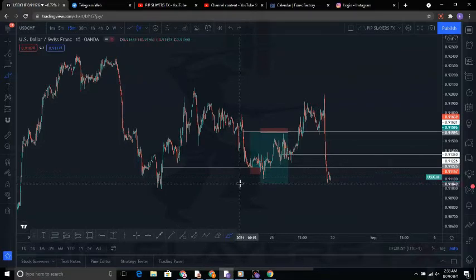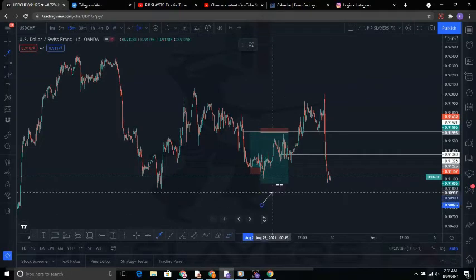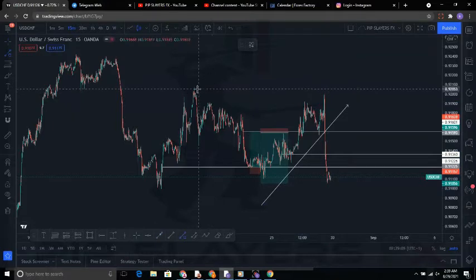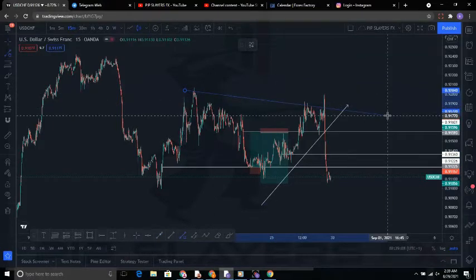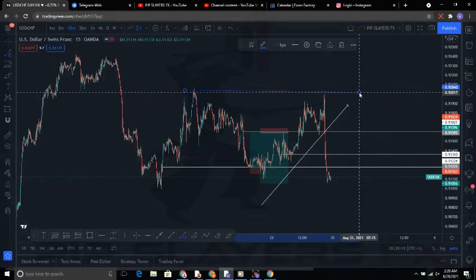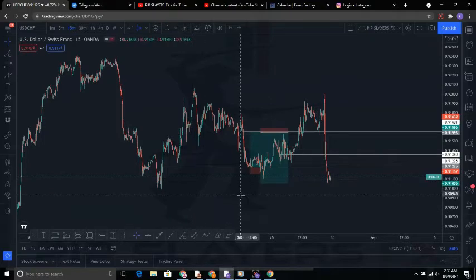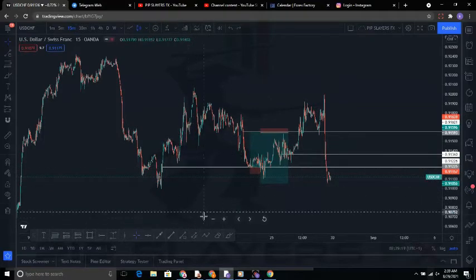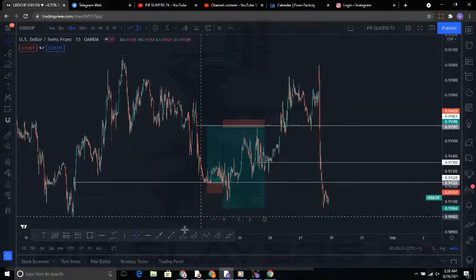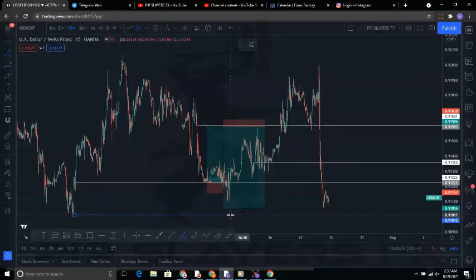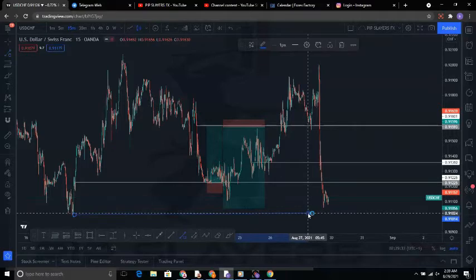So I was trading the retracement to this structure right here. Looking at this, you should expect a break in this structure right here to confirm bearishness. Wait for a break to confirm bearishness.